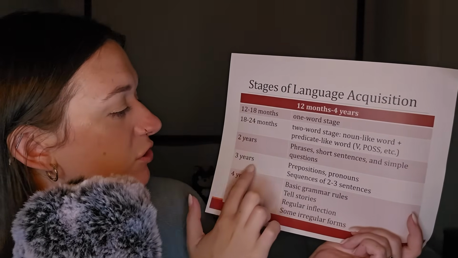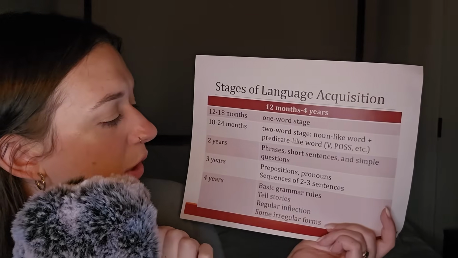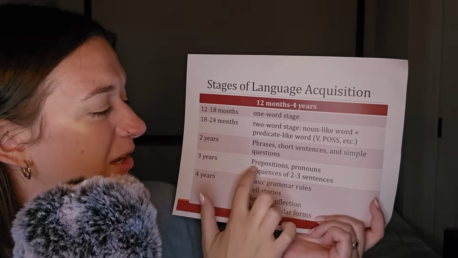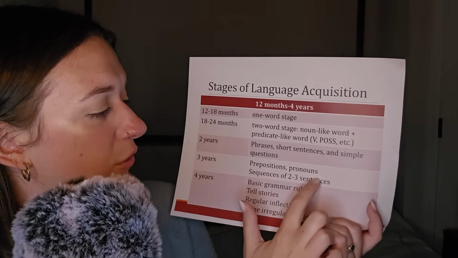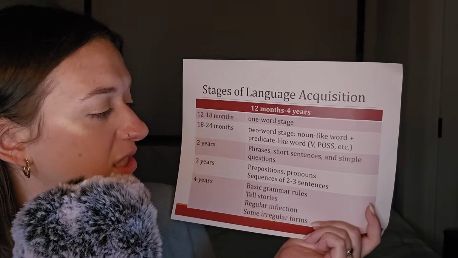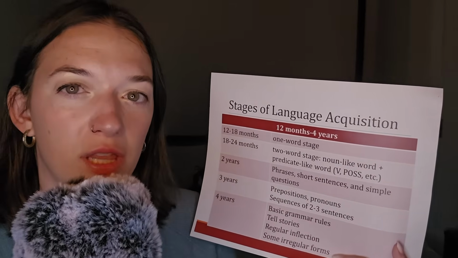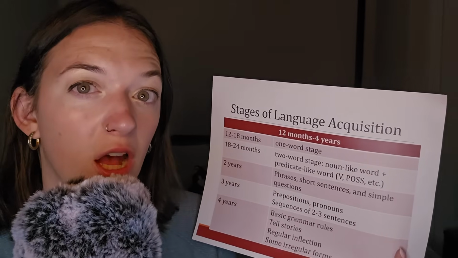At 3 years old, toddlers start to acquire things like prepositions, pronouns, and can create sequences of 2 to 3 sentences. So they are making longer utterances.